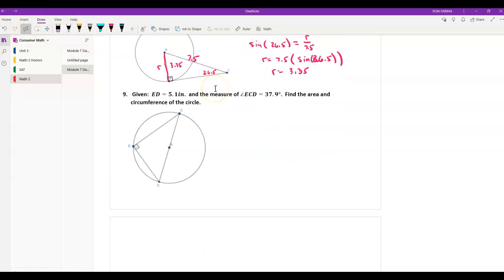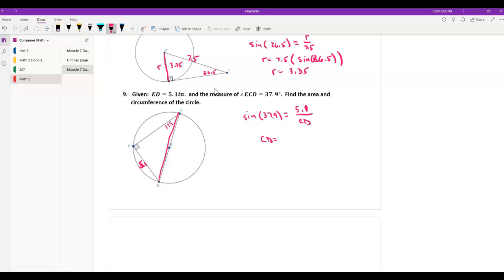And the last one. Given ED, right, is 5.1, and the measure of angle ECD is 37.9. Find the area. What we're going to do is use trig to find the diameter here. So again, opposite over hypotenuse, we're going to say the sine of 37.9 degrees is equal to 5.1 over the diameter CD.